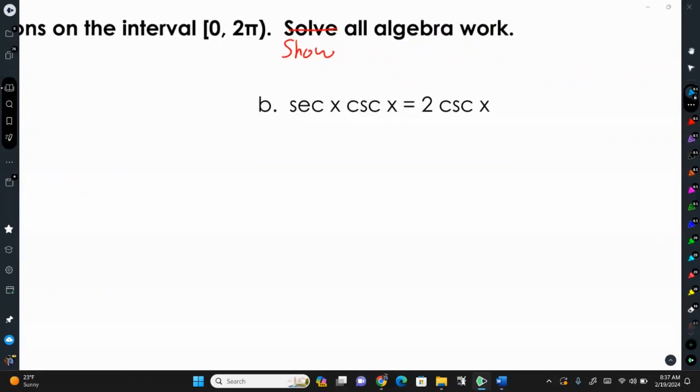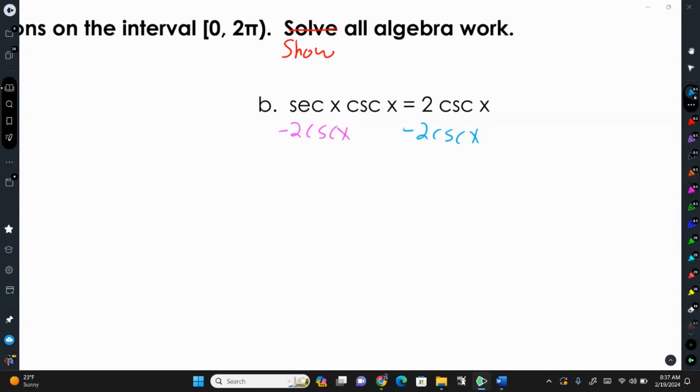Now, letter B. Secant x times cosecant x equals 2 cosecant x. Again, we don't want to divide by cosecant x. Instead, we're going to get this equal to 0. So many of these problems, we want to treat them kind of like quadratics, where we want to set it equal to 0. That's not always going to be the case, but a lot of the time it is.